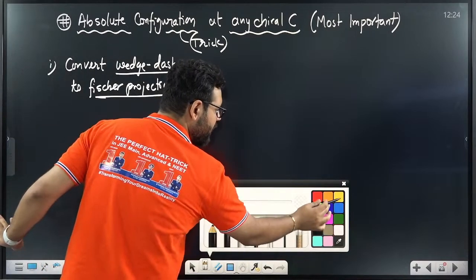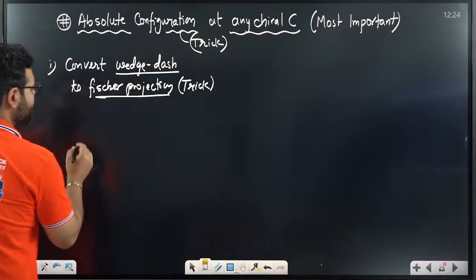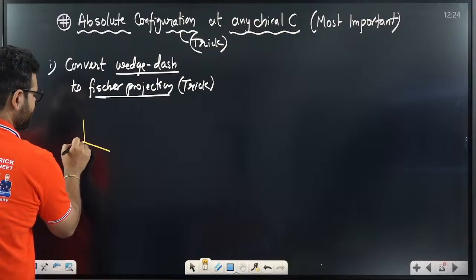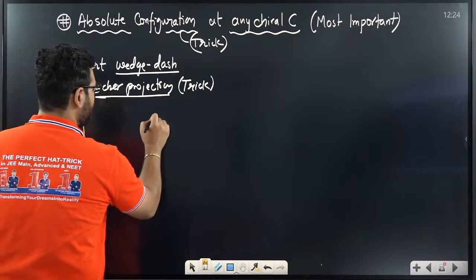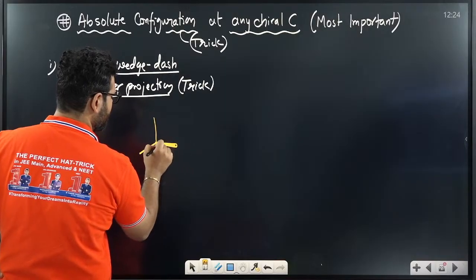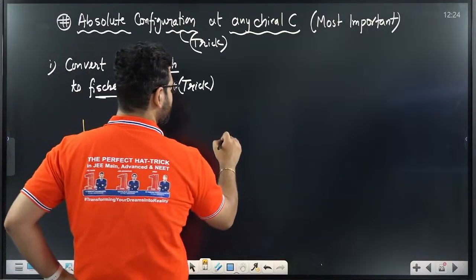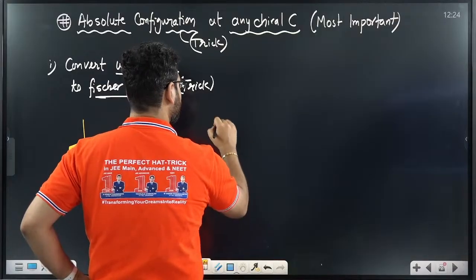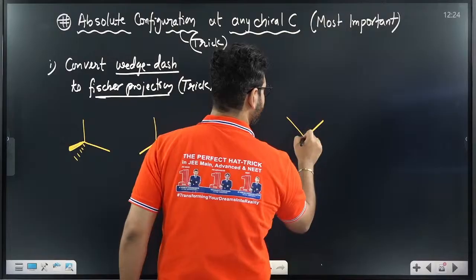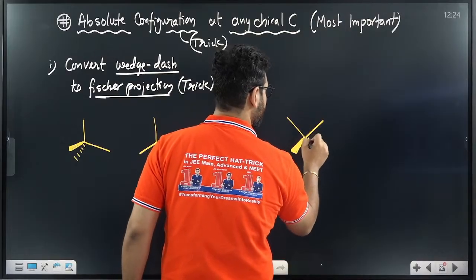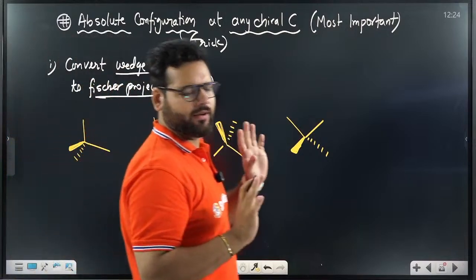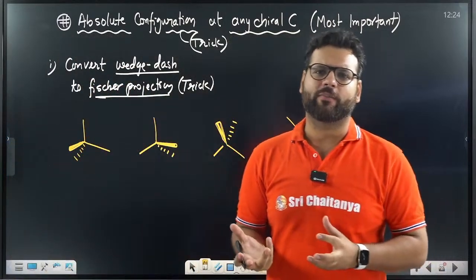How to convert? Please remember, whenever you see a wedge dash, it can be written in four ways. Books will give wedge dash in four different methods.